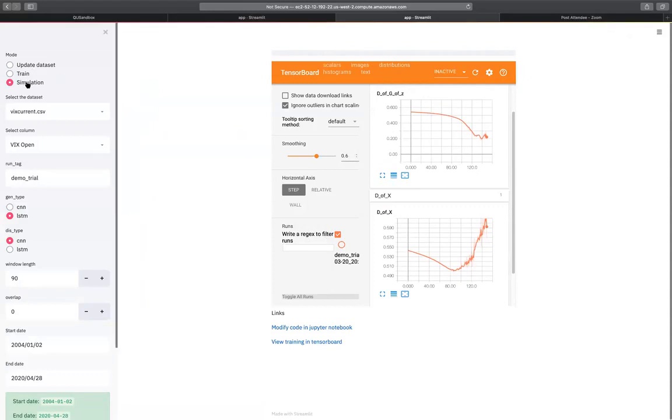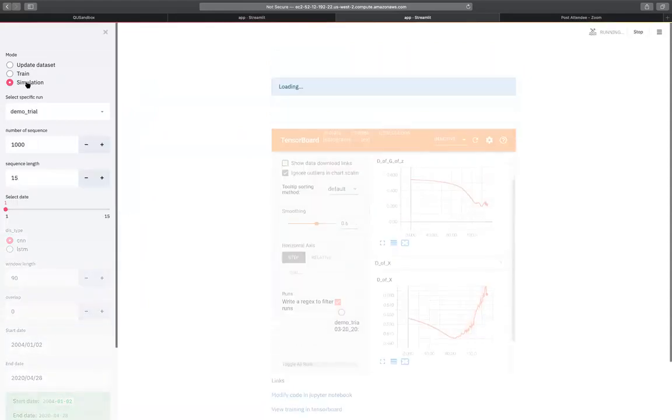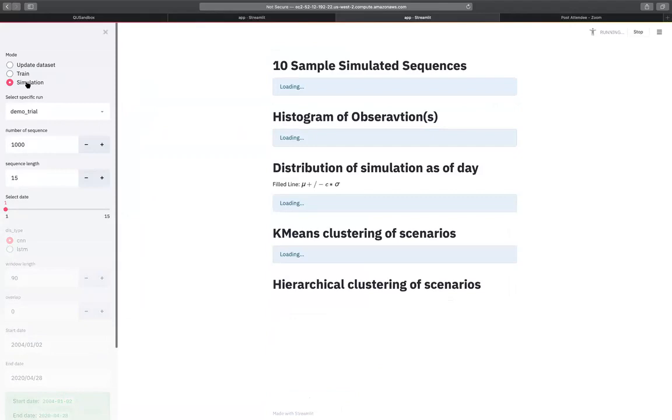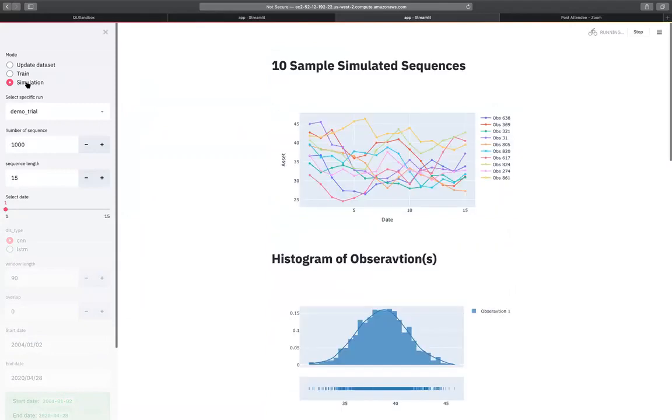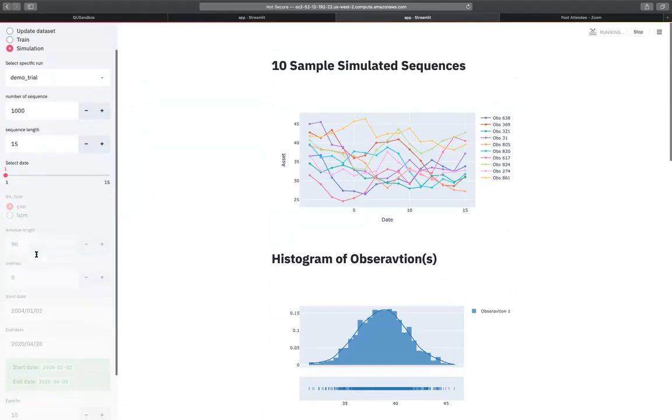Let me dive directly into the simulation part. In the simulation part, we have just used the CBOE data and we have simulated. This was our network architecture. You can train the network. The training usually takes a little bit of time, but using the model we have already created, we created 10 simulated scenarios. We actually have 1,000 scenarios, but we sampled 10.